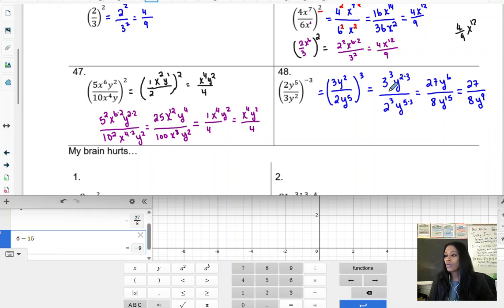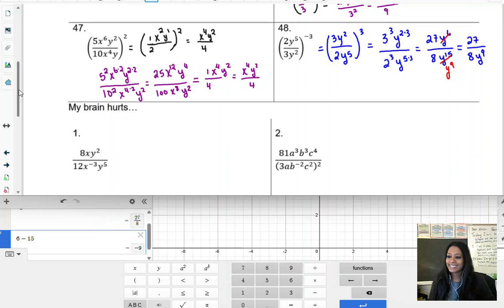Or another way you can think about it, which is much better, is you take off y to the 6 in the numerator, take out y to the 6 in the denominator. So if you take 6 away from the 15 that you have down there, you have 9 left over. That's how I would do it, honestly. And that's that.